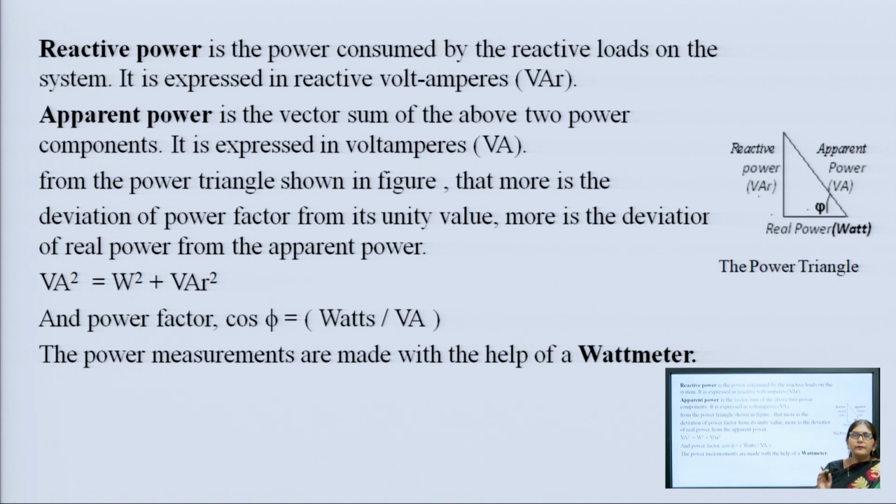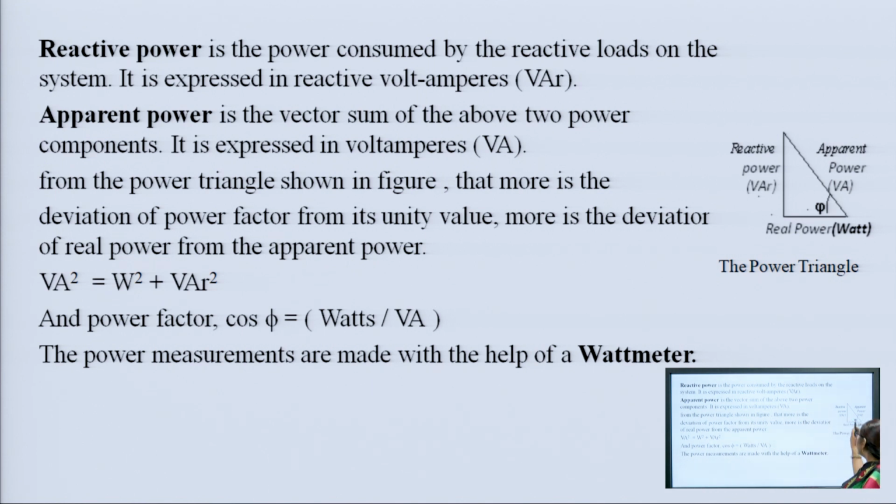It means we do not prefer a power factor away from unity. If the power factor is of unity value, then there is no difference between the real power and the apparent power. For this reason cos phi should be as close to 1 as possible.